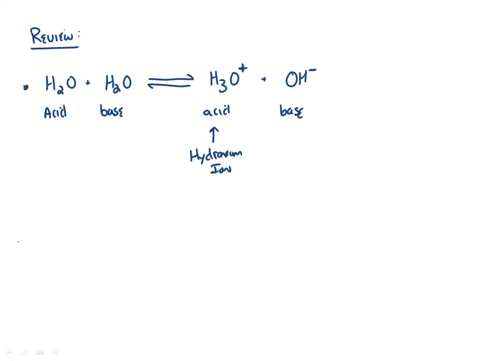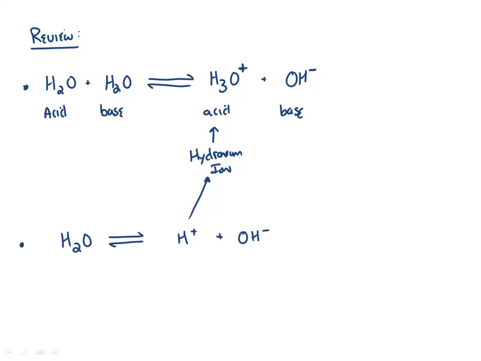Sometimes you'll see that exact same reaction simply written as water spontaneously breaks apart to form H+ plus OH-. And so whether we write an H+ as H3O+ or just as H+, the idea is kind of the same: there's an extra hydrogen ion floating around.